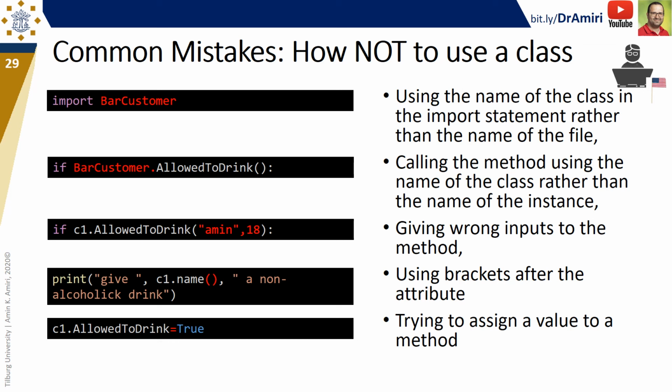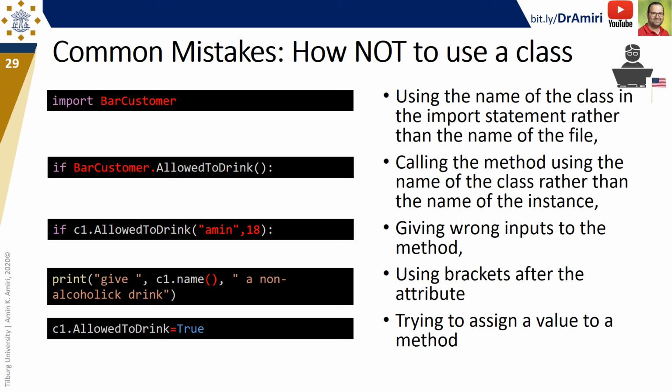So there's no need for this kind of inputs. The other issue is using parentheses after the attribute name. You know that you have a self.name inside the __init__, and it's stored as an attribute. You cannot use parentheses because Python will look for an instance method called name. It doesn't find it and it returns an error.